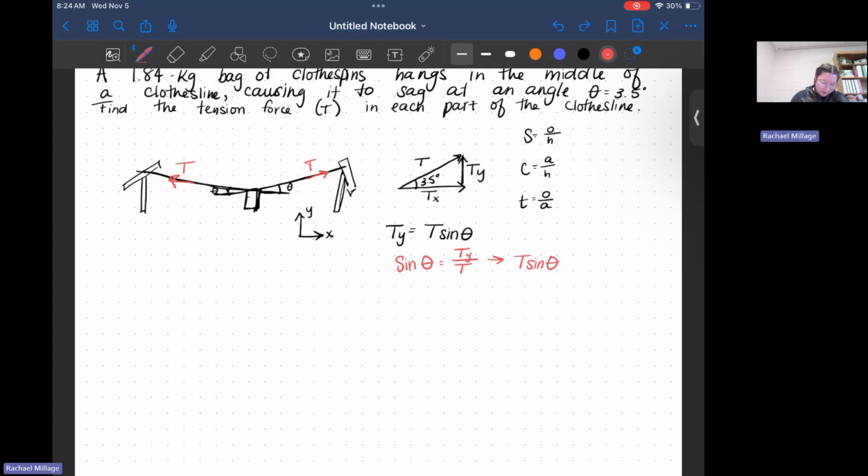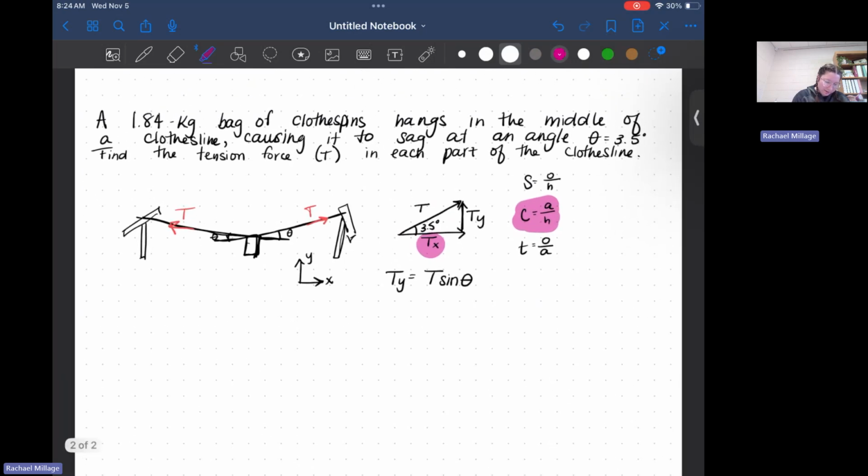We can do the same thing with our x. So I'm looking for T sub x. That's my adjacent. If I want it in terms of T, I'm going to have my adjacent over my hypotenuse, which is going to be cosine.